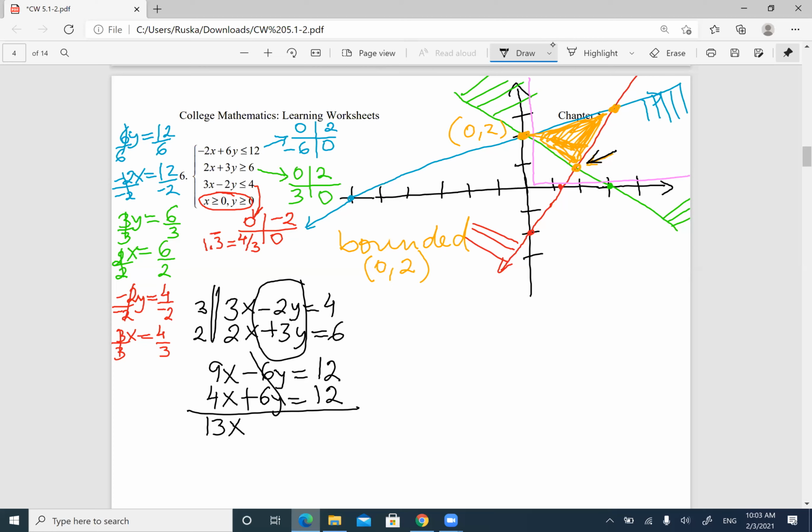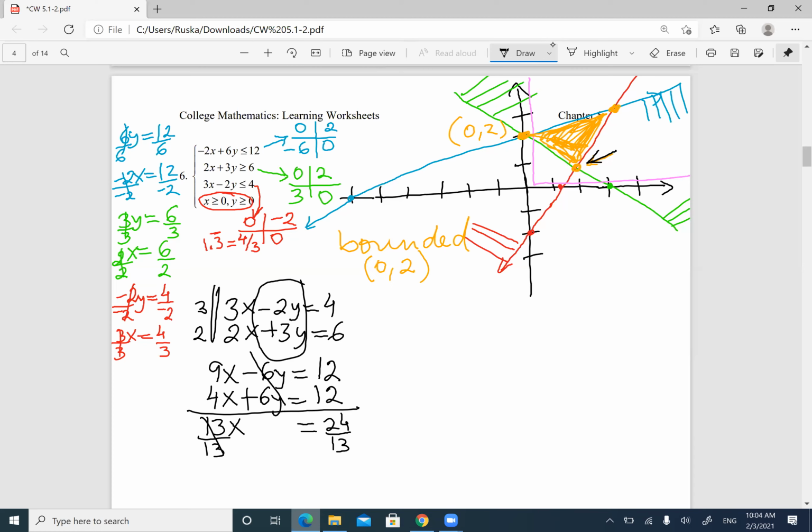13x equals 24. Divide by 13. And let's see what we got. 1.84. But do you just want to go through the thousands, like 2 decimal points? Is that it? Okay, so here, let's keep it like that. 24 over 13.